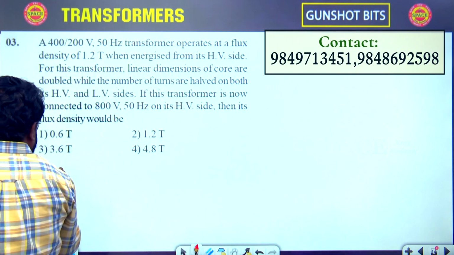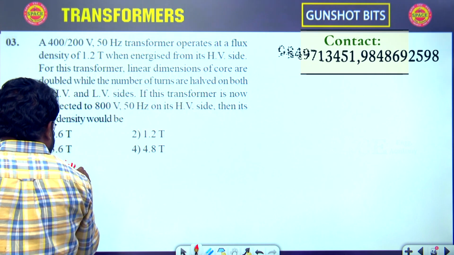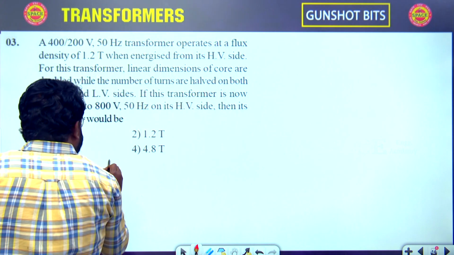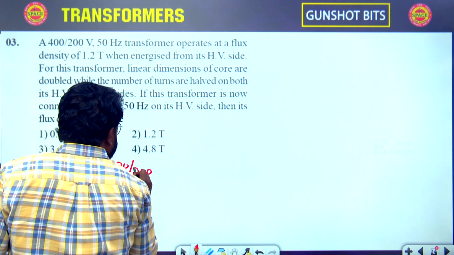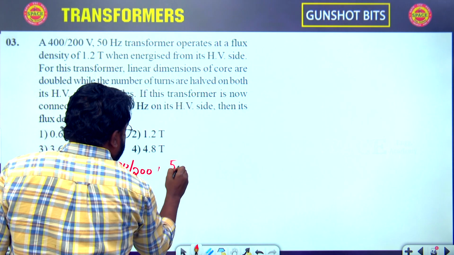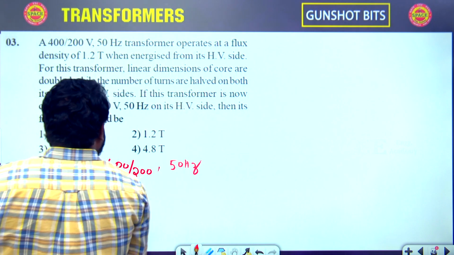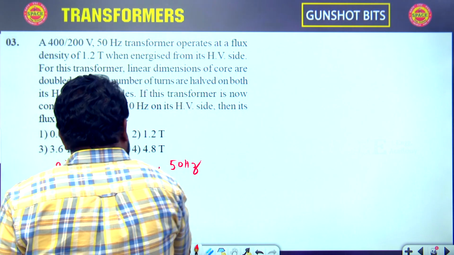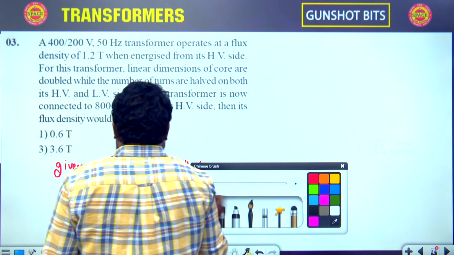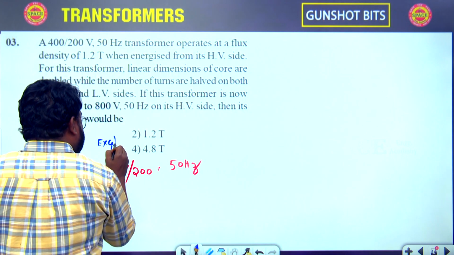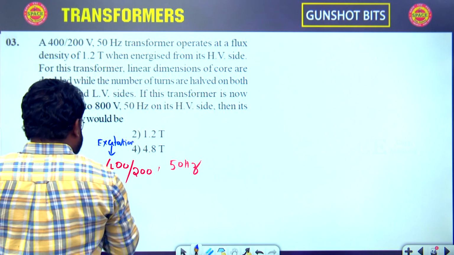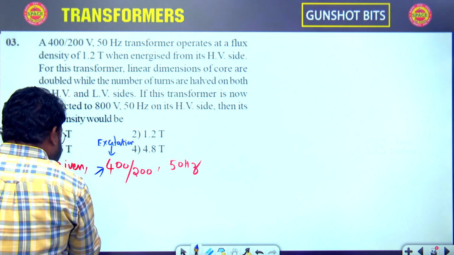Given the rating of the transformer, initially it is a 400 upon 200 volts, 50 hertz transformer, and excitation is given to the high voltage side initially. So this is case 1.